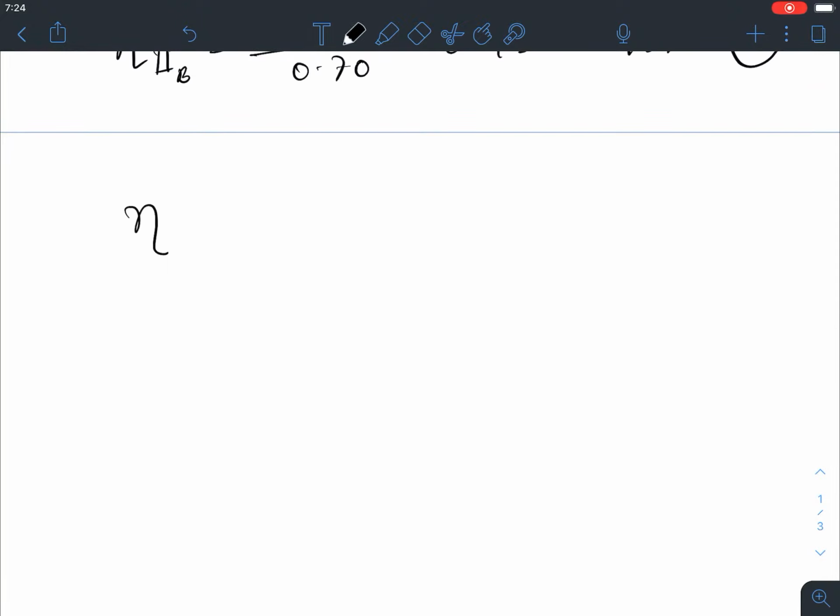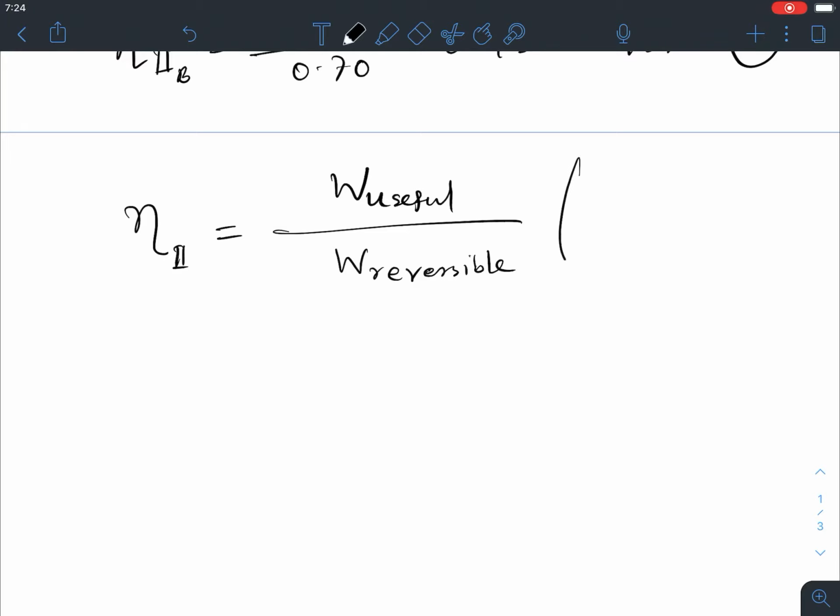Ideal means that, of course, this system has to go through the reversible process. Now if we define the same second law of efficiency, which is eta 2, in terms of work, then we can define it as useful work divided by reversible work, which is the maximum or ideal, right?